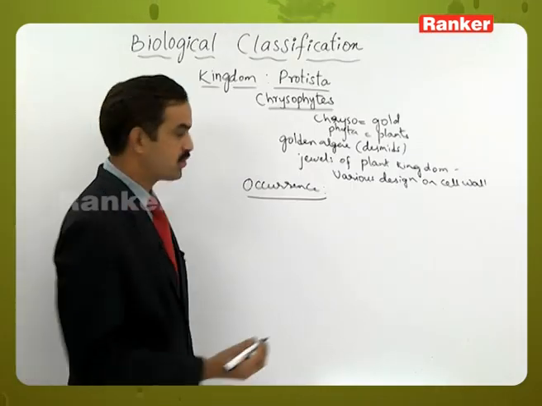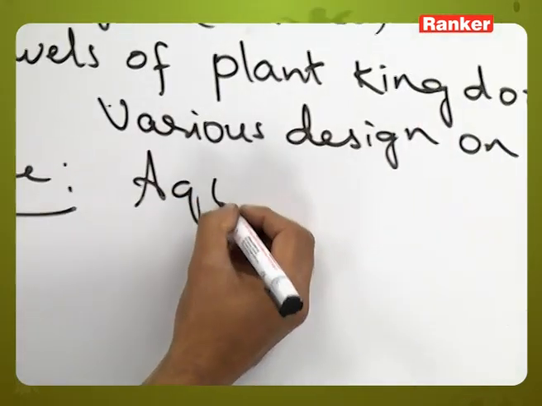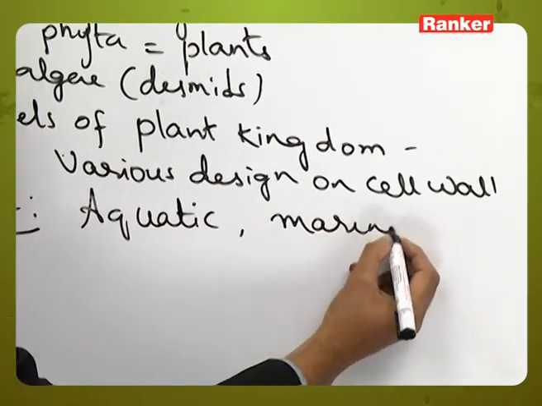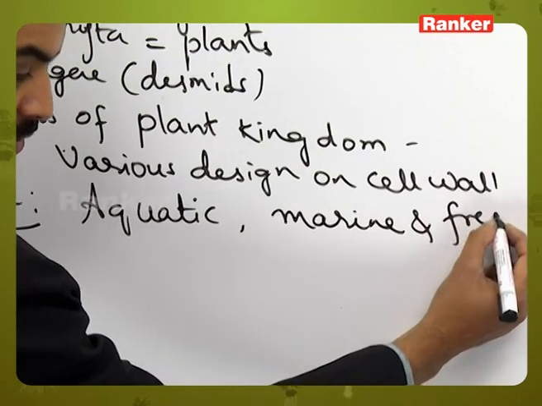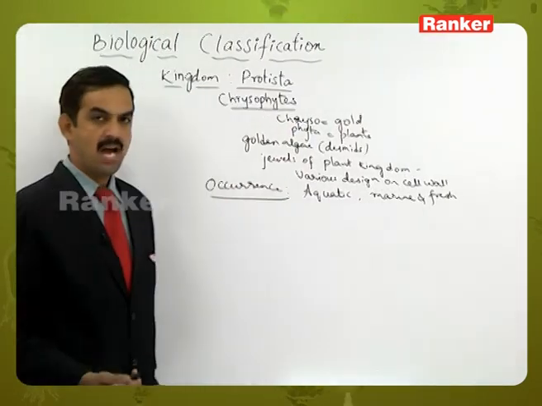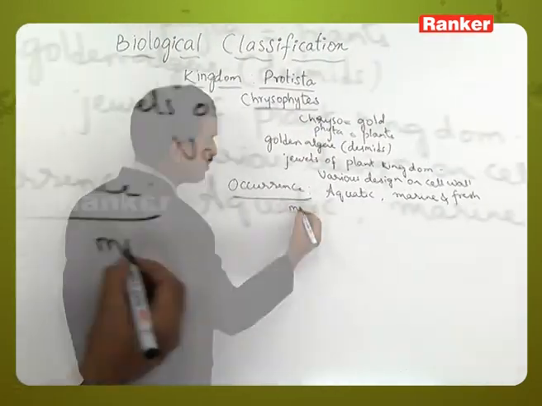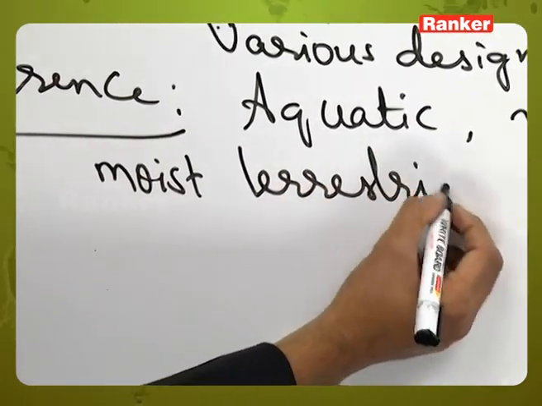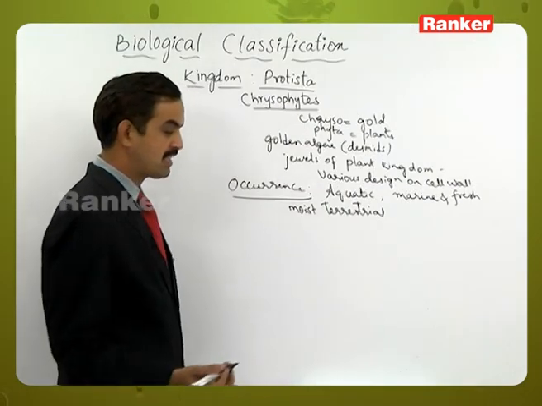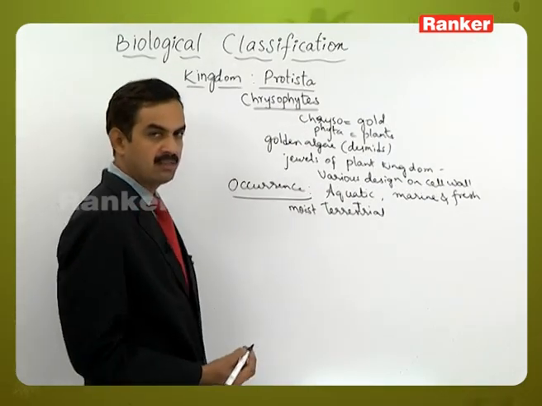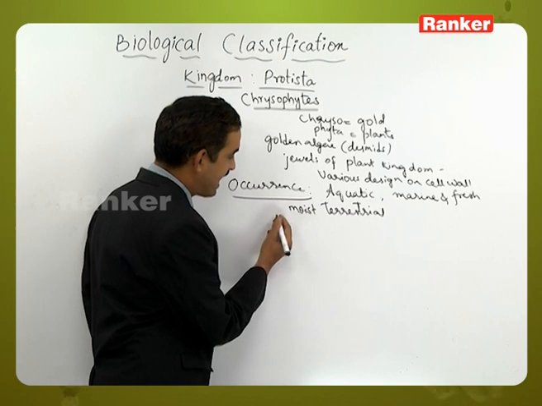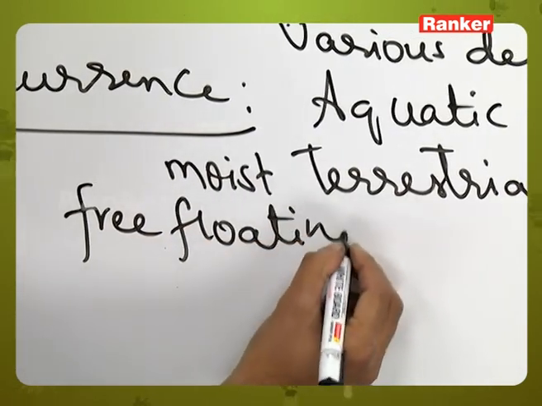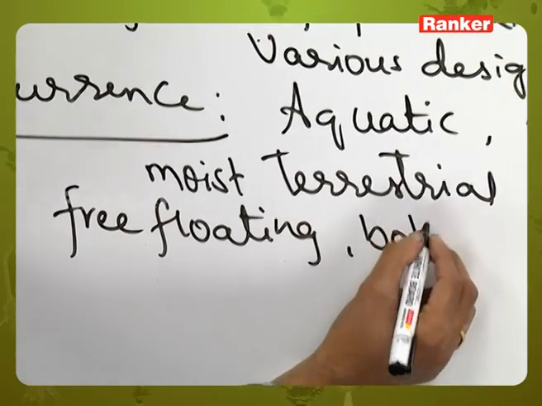These are mostly aquatic in nature, both in marine and also in fresh waters. And sometimes they may occur in moist terrestrial habitats. When they are in the aquatic form, they may be free floating, or sometimes they may be bottom dwellers.